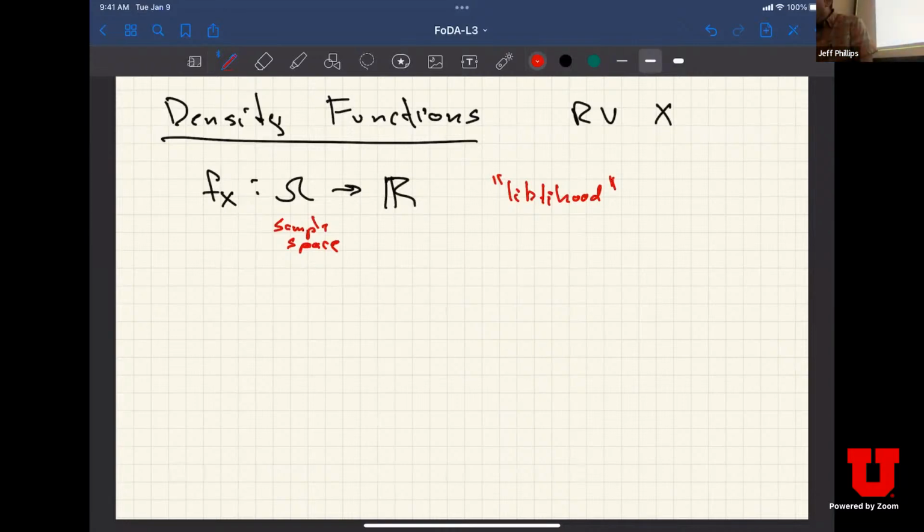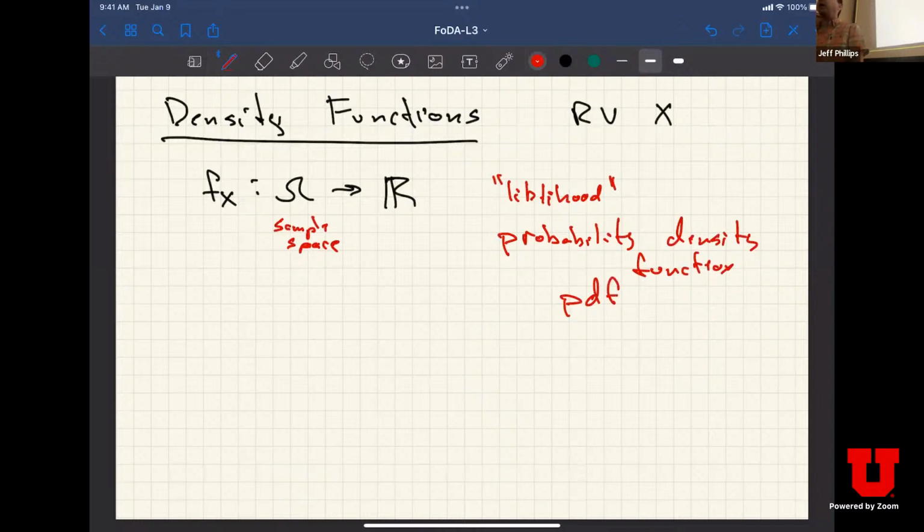This is the probability density function, and we'll commonly just write it as PDF. This is not the portable document format you have to turn your homeworks in as. Don't turn your homework in as a probability density function. We'll just refer to this as a PDF.